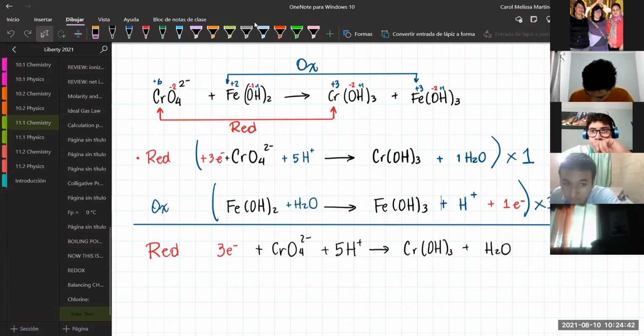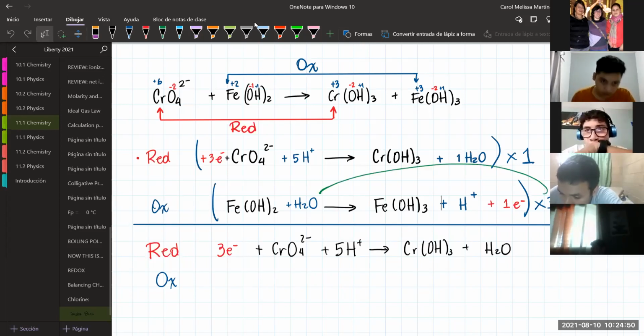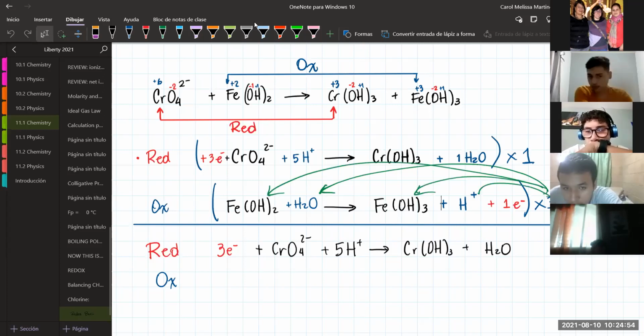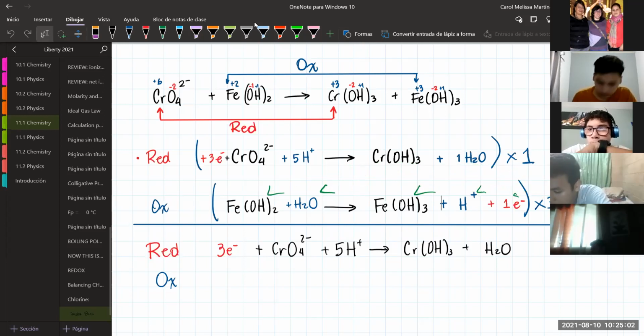And in the oxidation, now here it's going to be different because we're multiplying times 3. That means that this 3 is going to multiply everything. Okay, it's going to multiply everything. And I know that it looks messy, and I will erase it. But just remember that 3 outside multiplies everything inside.